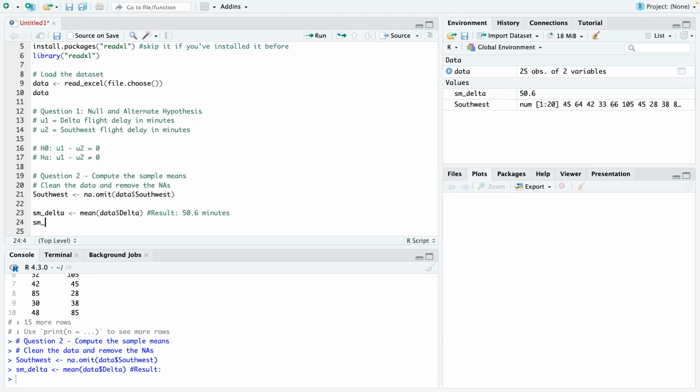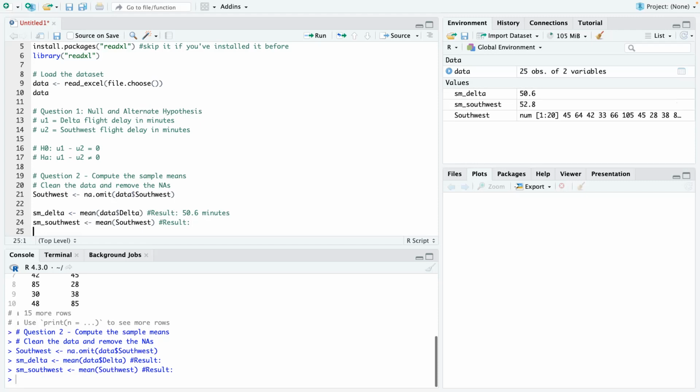And then SM underscore Southwest. Now I'm not using the Southwest column present in the data. I'm going to call line number 21 instead, the one that I've cleaned. So we just say Southwest. Run this, and we have 52.8 minutes.